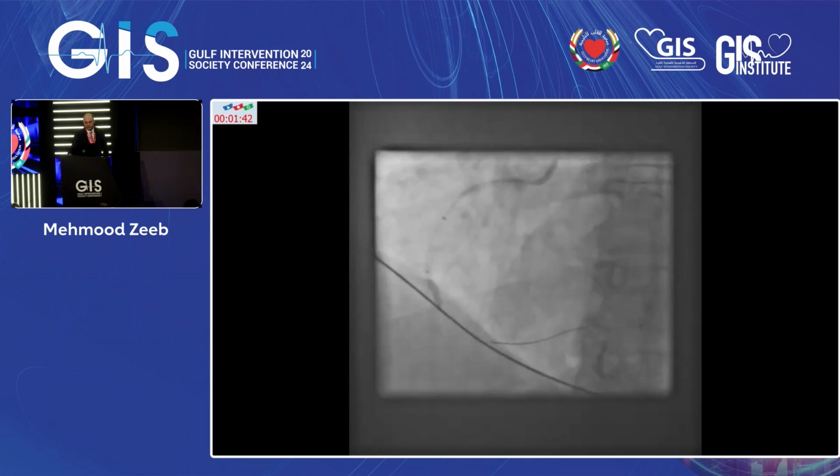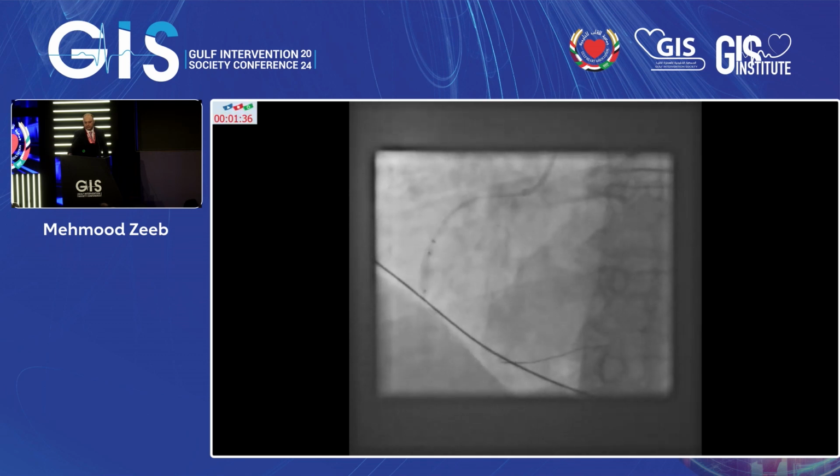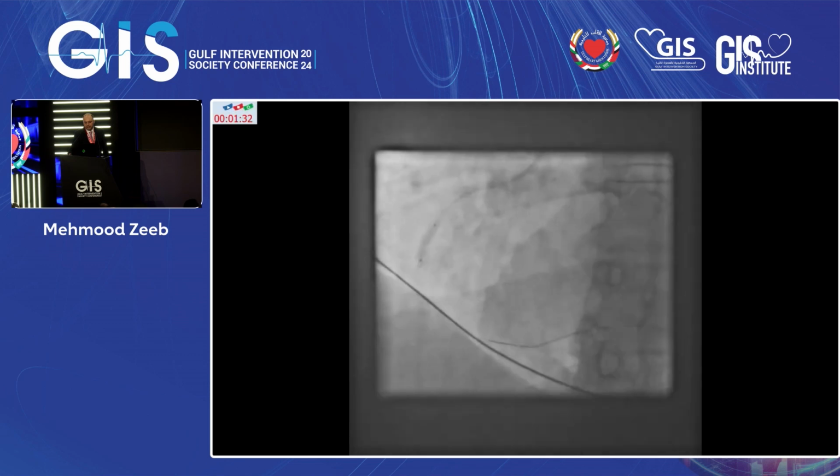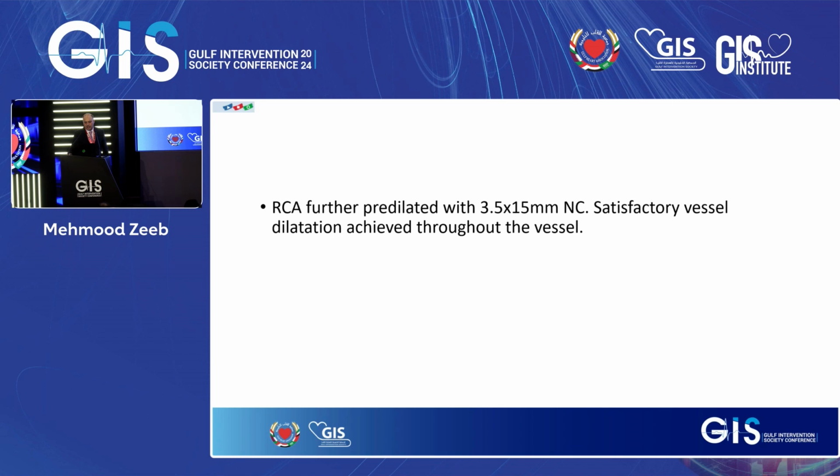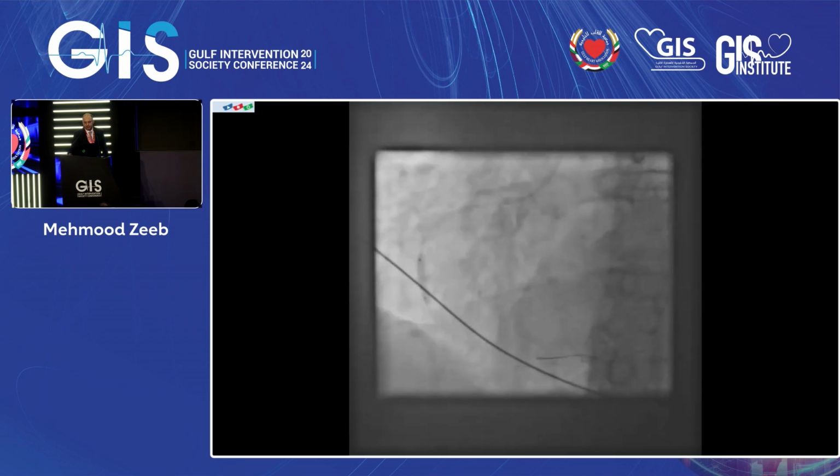So as discussed, the IVL was delivered with the help of the guide liner, and the whole calcified area was treated with the same balloon. You can see some improvement there. And then I performed further pre-dilatation before the stent, just to make sure, with a 3.5 by 15 NC balloon, which was satisfactory.